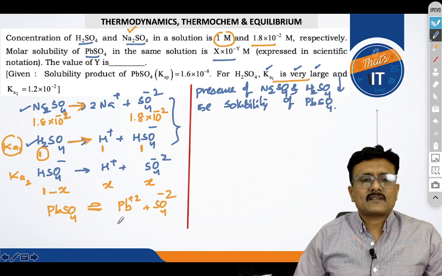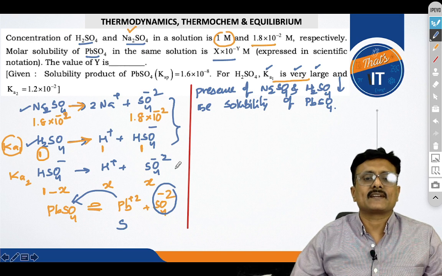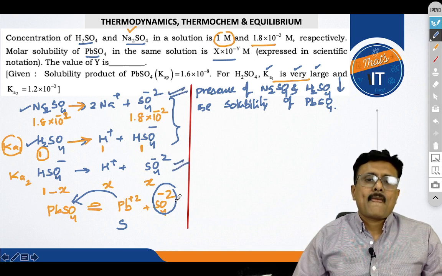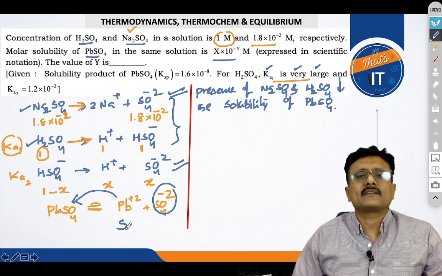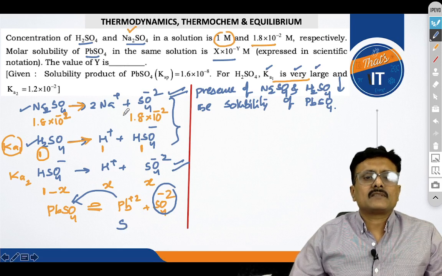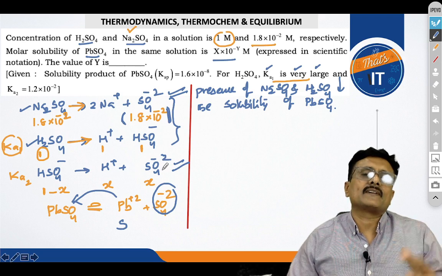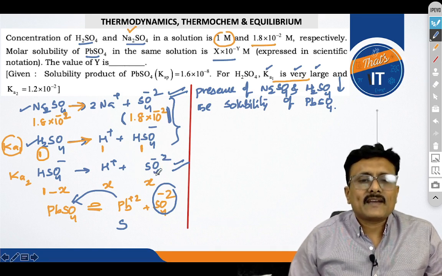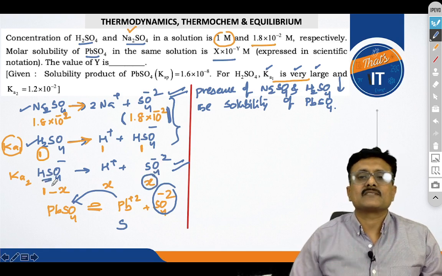Okay, so after such a decrease, after pushing this equilibrium in the backward direction because of the increase in the concentration of the sulfate ion by the production of sulfate from these two substances, let's assume that the concentration of Pb2+ which is formed is some S. Now you can see there is 1.8 into 10 power minus 2 mole of sulfate ion which is indeed present over there, and X amount of the sulfate ion which is present out of the HSO4 minus dissociation.